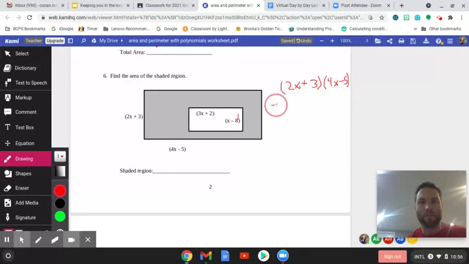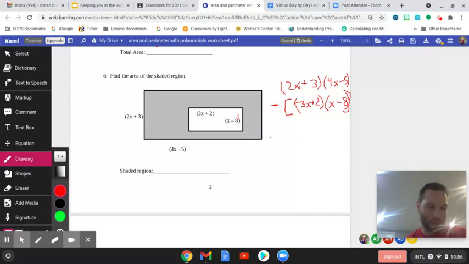And then you're going to subtract your answer to 3x plus 2 times x minus 8. Okay, so you're going to FOIL this. That's just like the problem we did above. Then you're going to FOIL this, and you're going to subtract them. And remember, when you subtract them, you're going to subtract the entire polynomial.